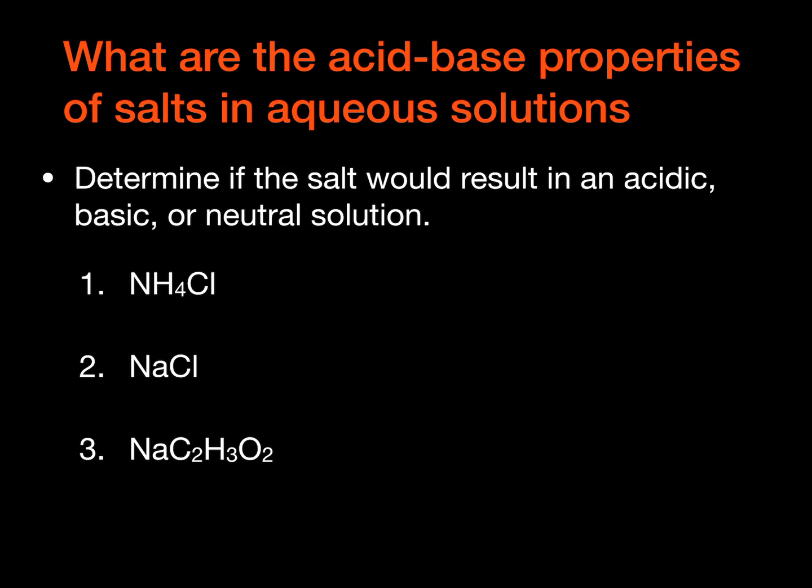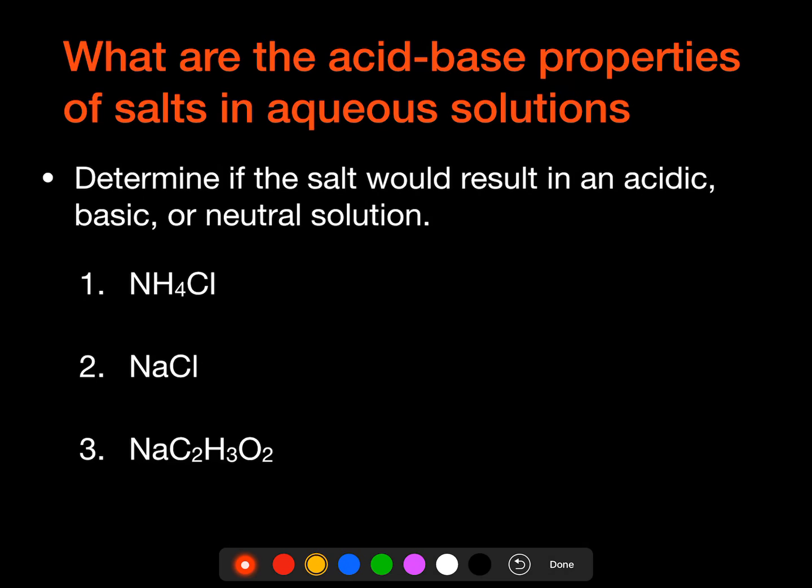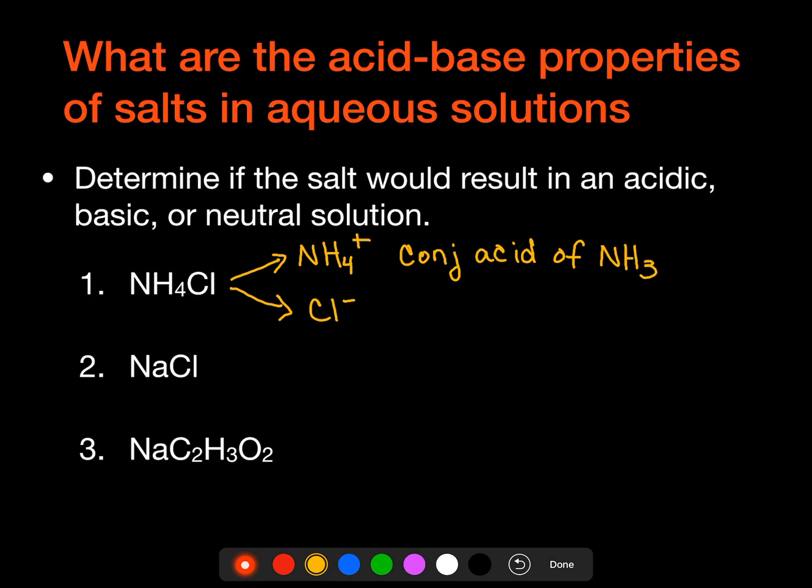Let's take a look at 3 examples here. In the first one, when this splits apart in aqueous solution, we would split it into NH4+ and Cl-. The NH4+ is the conjugate acid of ammonia, NH3, which is a weak base.